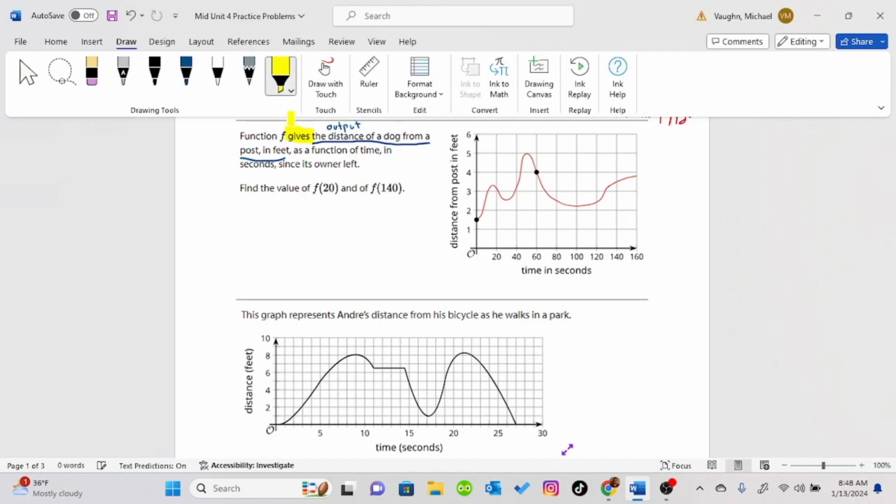Then we see the key terms as a function of time. Anytime we see that, the very next thing we talk about, in seconds, since its owner left, that is the input.